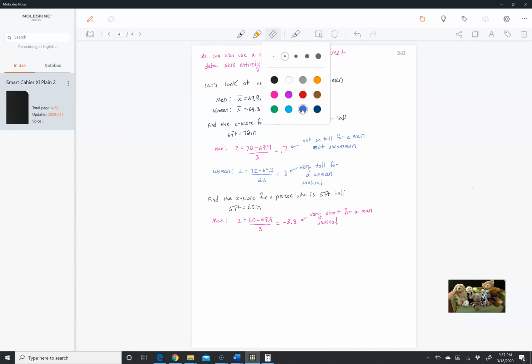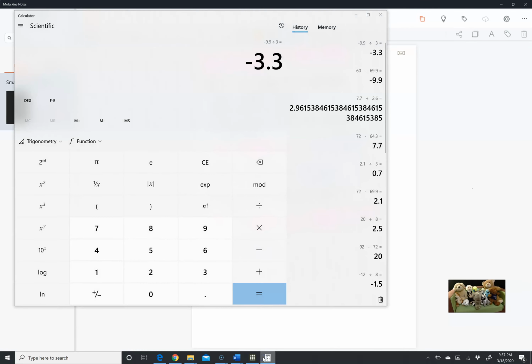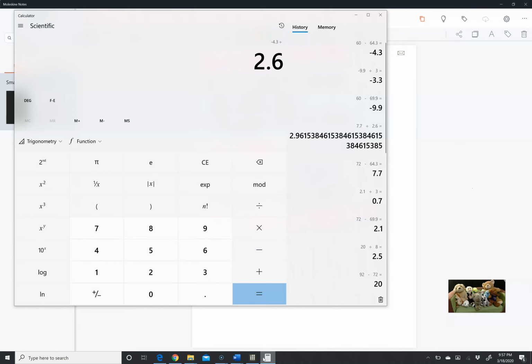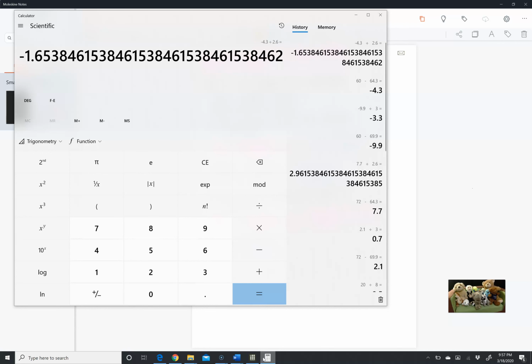Okay, very short. Now we can do the same thing for a woman. And again, I'm sure that you can all kind of predict what's going to happen here. So we do 60 minus 64.3, and we divide by 2.6. And this one, it's only 1.65. So notice we're rounding to the nearest hundredth.